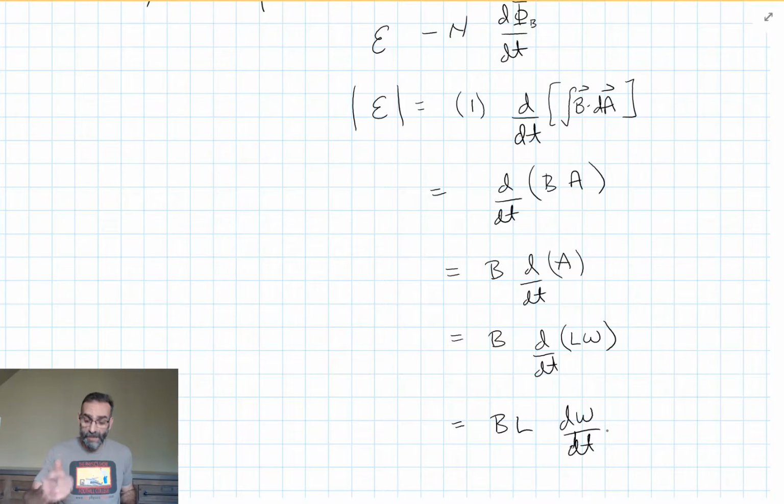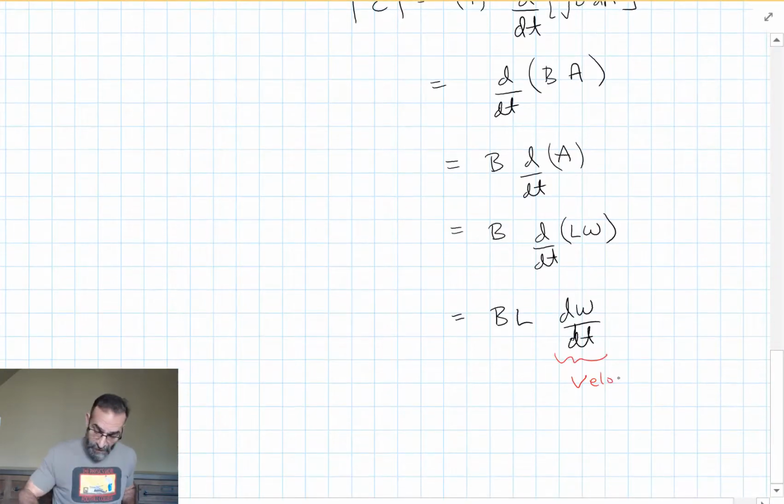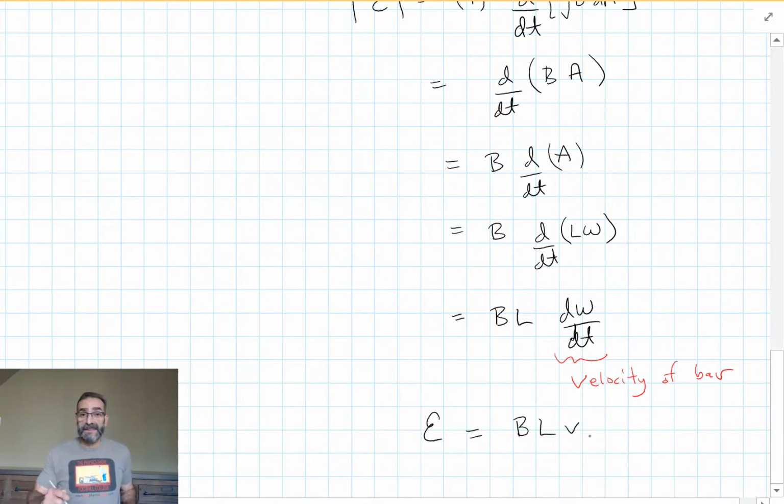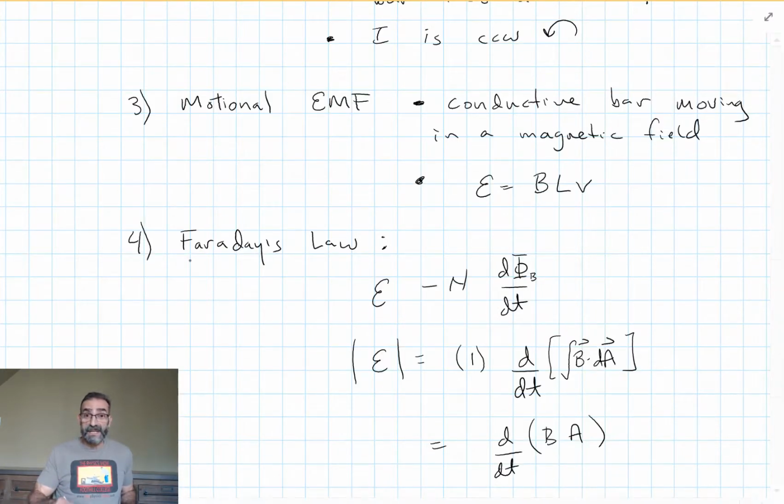That's the velocity of my bar. So my EMF is the magnetic field multiplied by the length of the bar, multiplied by the velocity of the bar. That's exactly what I got using motional EMF.